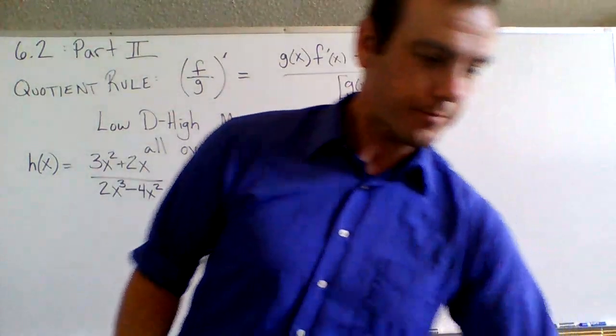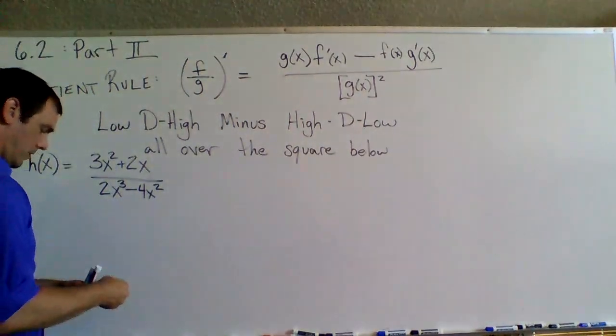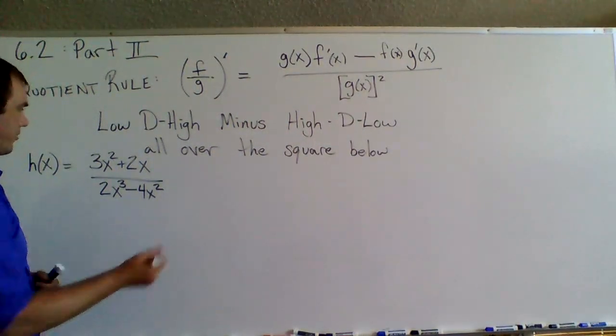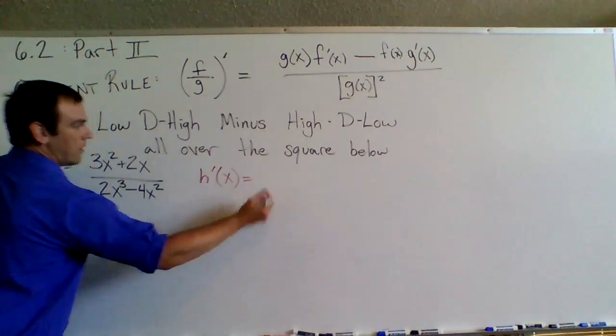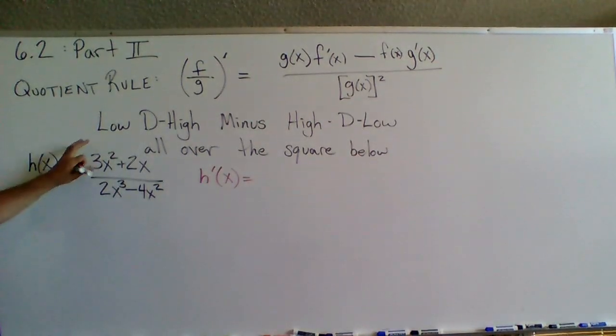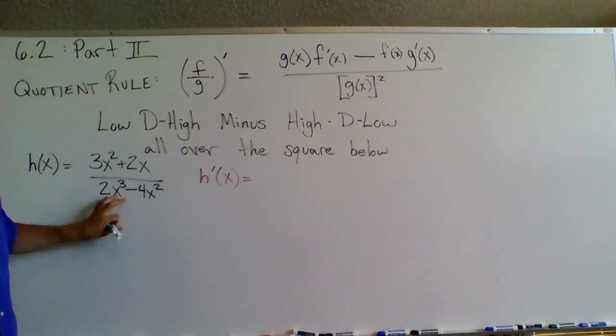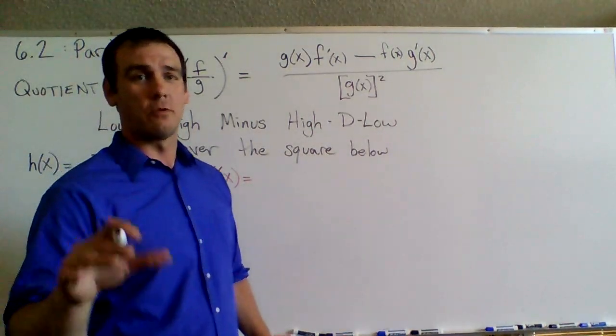Alright, so we want to find the derivative. That's all we're doing this chapter, really. So h prime. So, we got the quotient rule. We got a function divided by a function. We got to use quotients.